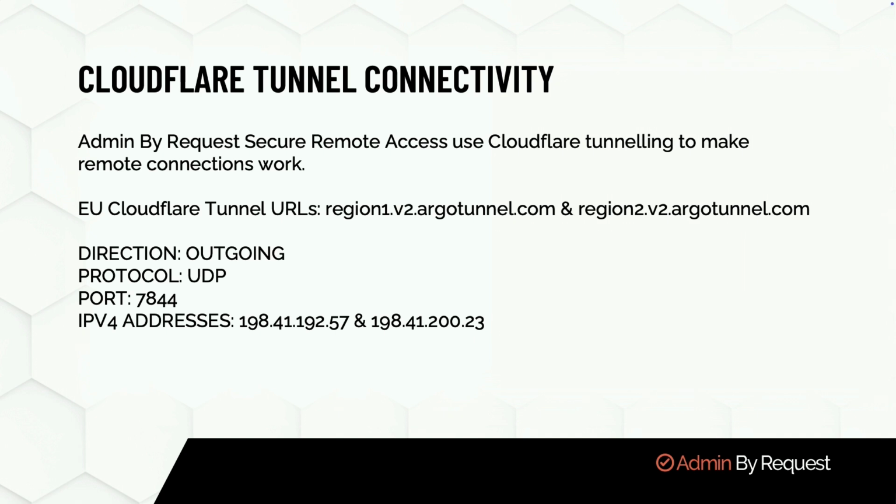That would again be the EU region, region 1, region 2. If you put those URLs or IP addresses in, and you enable UDP going out to port 7844, this is probably the place where most people are going to come unstuck.